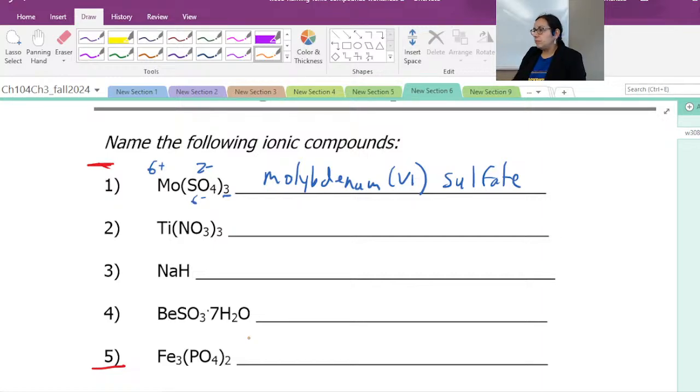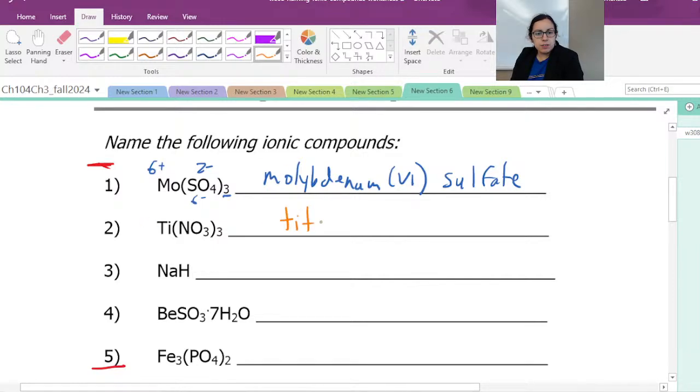Yeah. Check the Roman numeral. So titanium, nitrate, just double check your math there. Oh, yeah. Yep. Okay, cool. I wasn't sure because it wasn't Yeah, as long as it's just within reason.